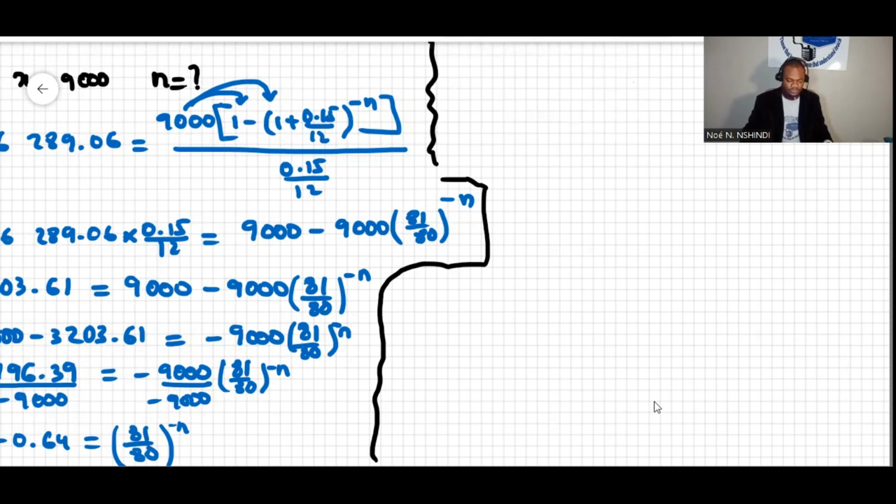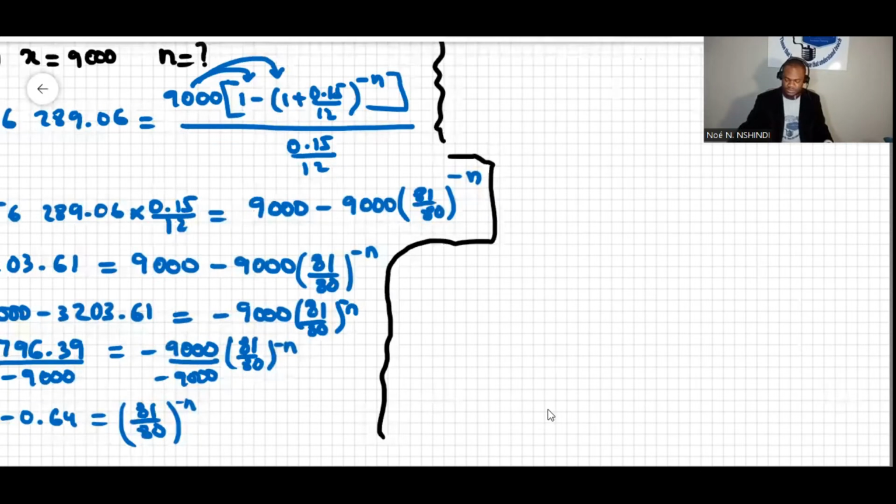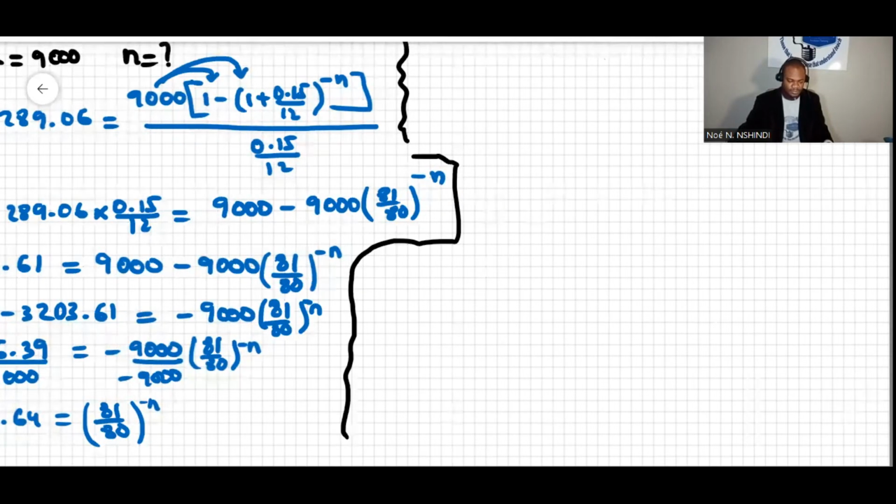If I use the logs formula, we do know that b to the power of x equal to log of a base b.